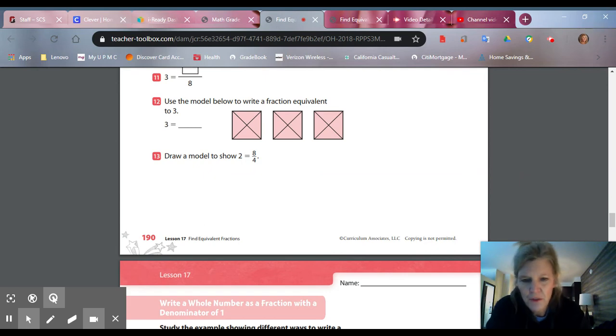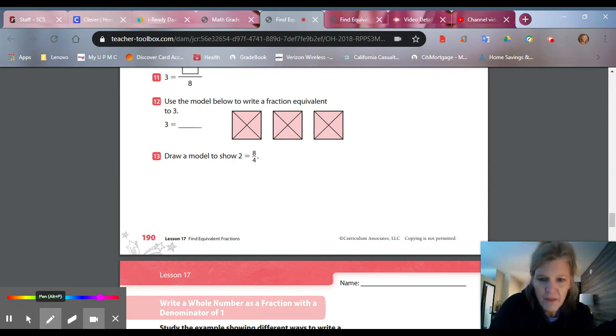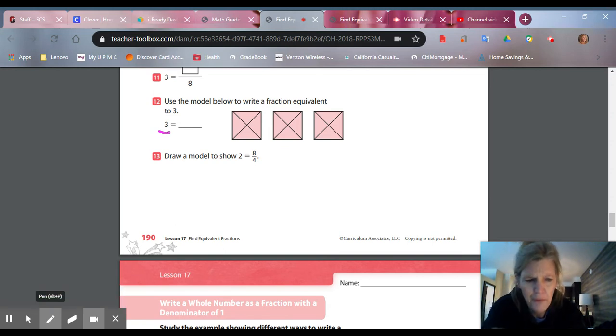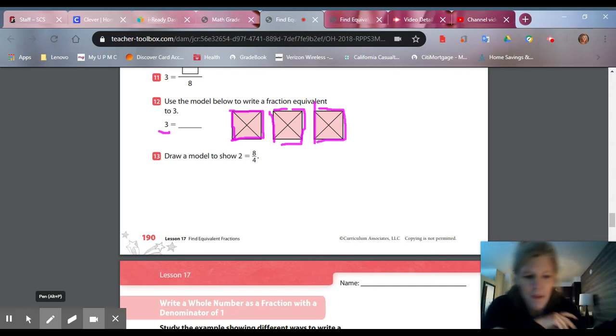Okay, now let's use the model to write an equivalent fraction. So here's the model. Instead of a number line, instead of bars, they give you some boxes divided into equal sections. So 3 equals what? What is this model showing you? Well, it's showing you 3 whole boxes, right? Here's 1, 2, 3. Each box has how many equal parts?